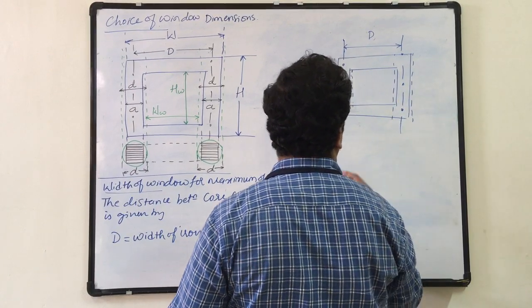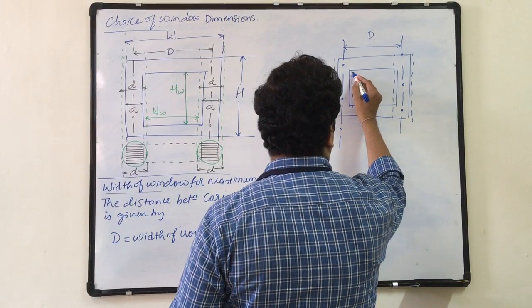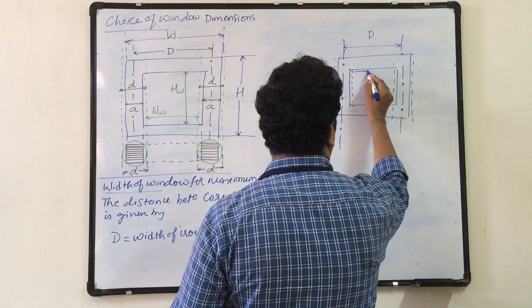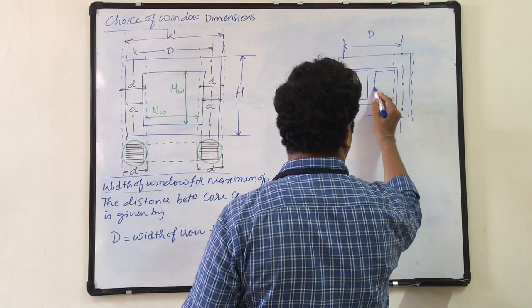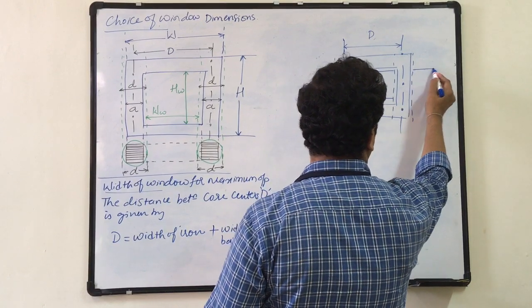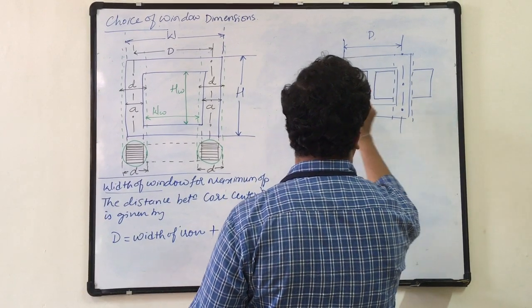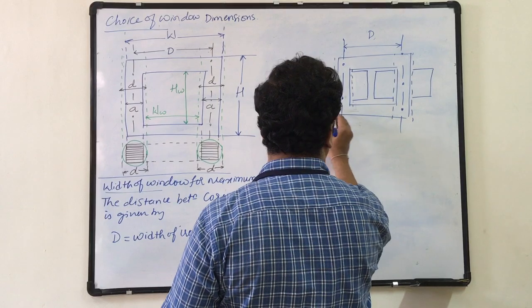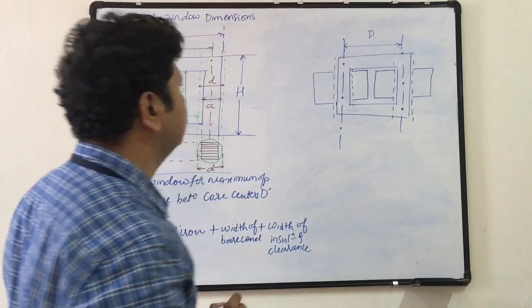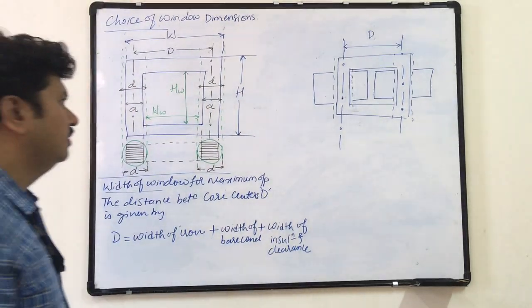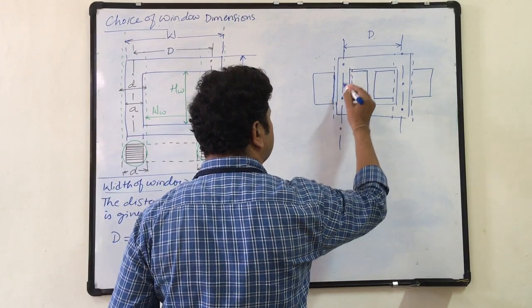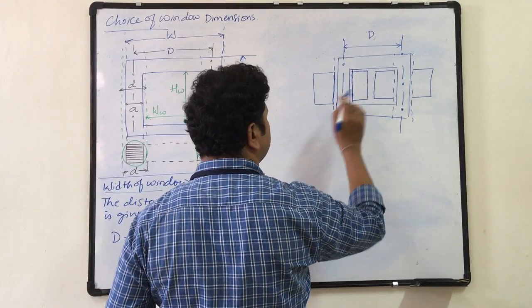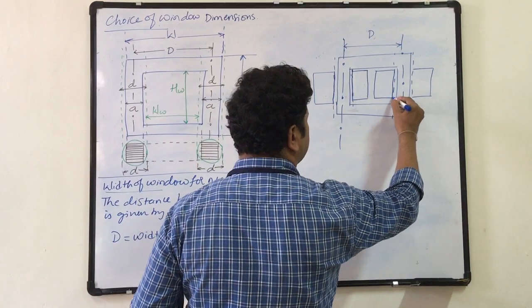Upon that I have the conductor crest. I will take the sectional view along the height. So this is how the transformer looks like. This is the circumcircle.